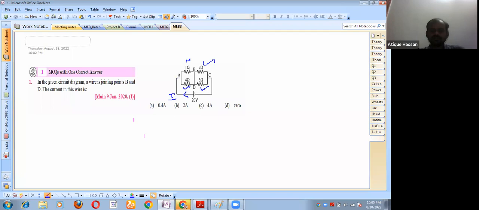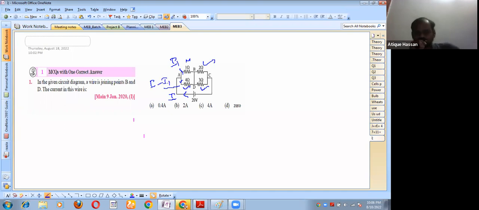If current is flowing here I, and suppose the current in the upper wire is I1, then the current in the lower wire will be I minus I1, right?